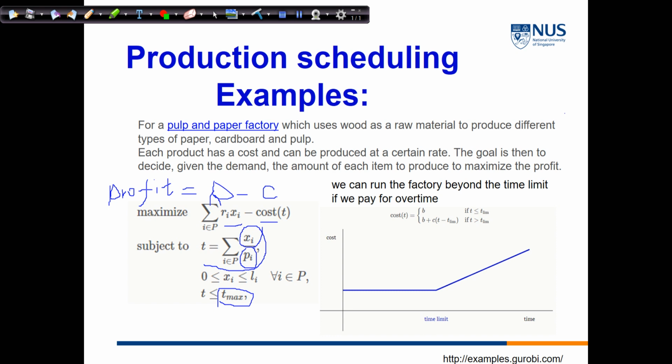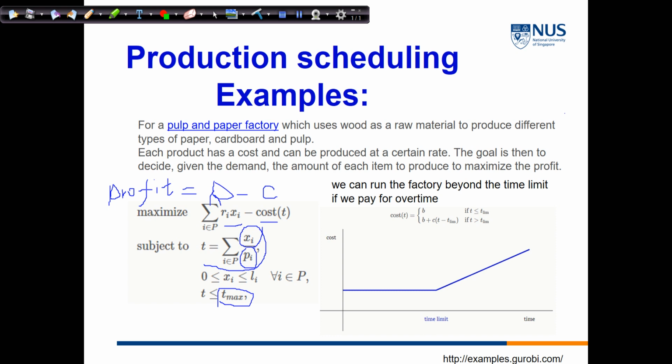So it is not as straightforward, but depends on how you define these parameters. P is given as the hourly productivity. In this problem formulation, we use the amount divided by P to get the total time. The total time is smaller than or equal to T max. Also, each product amount is non-negative, equal or larger than 0, and it has a maximum amount.